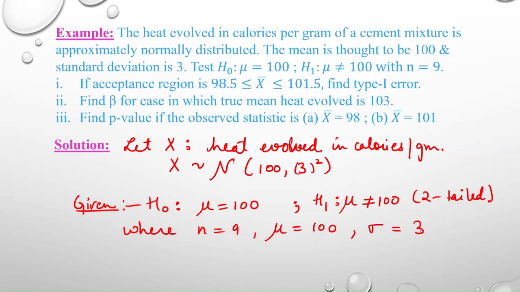So this is everything which is available to us. Now let us consider the first part. If the acceptance region is given to us as 98.5 to 101.5, find the type 1 error.